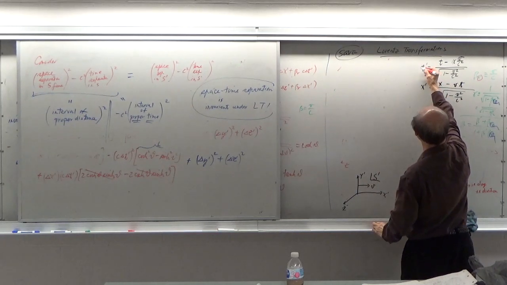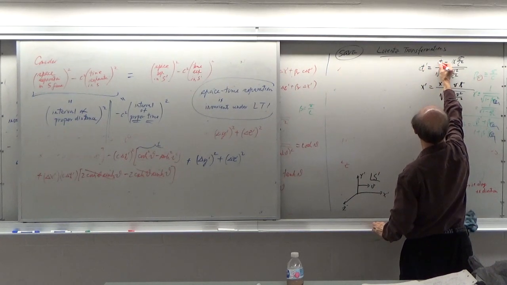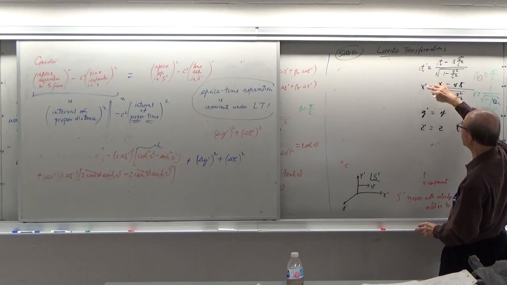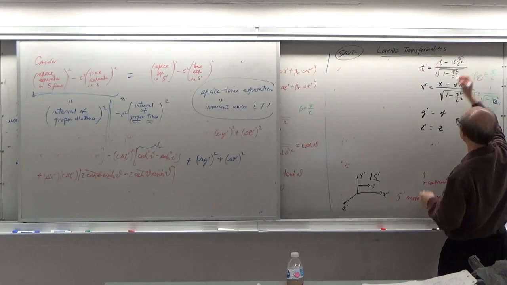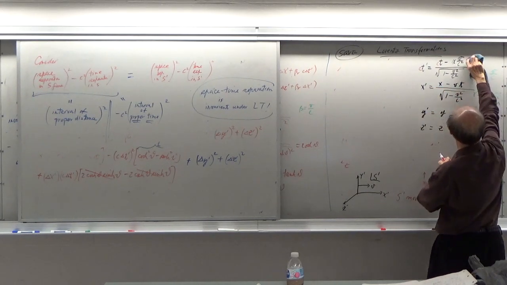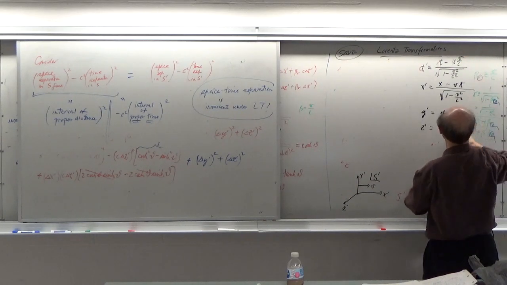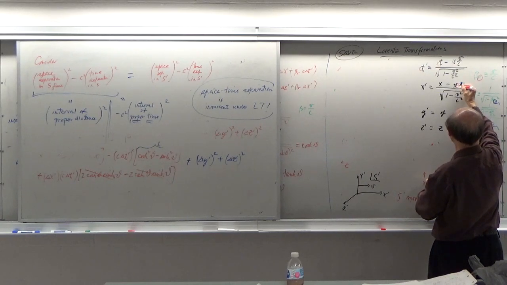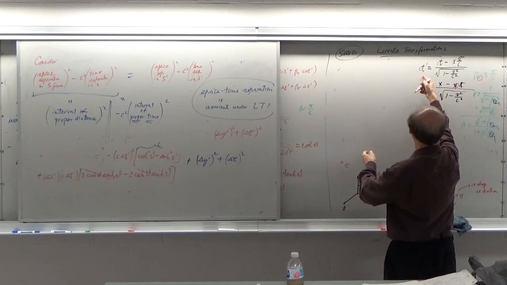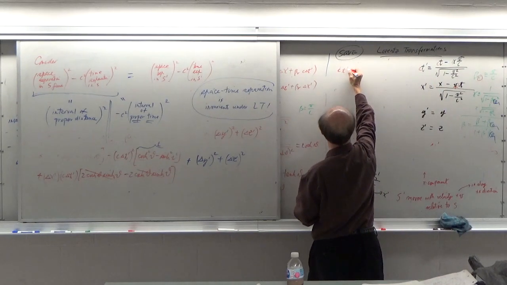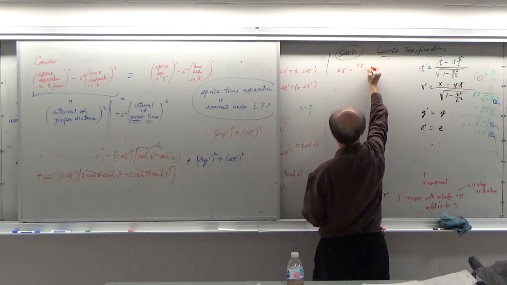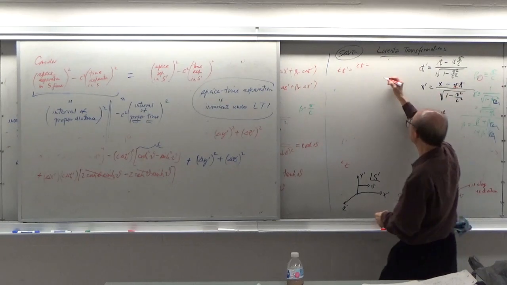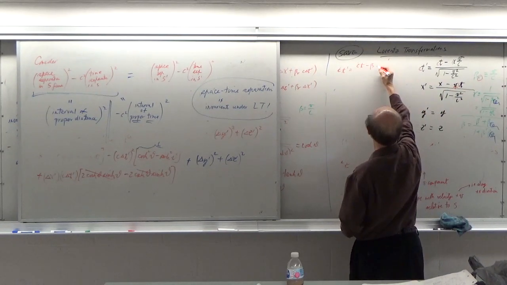Let me multiply both sides by c so that I have ct, which has the same dimension as the coordinate. So this c cancels along this c. And multiply this by c, then divide this by c. So I can rewrite this as ct prime is equal to gamma times ct minus v over c, which is just beta, x.